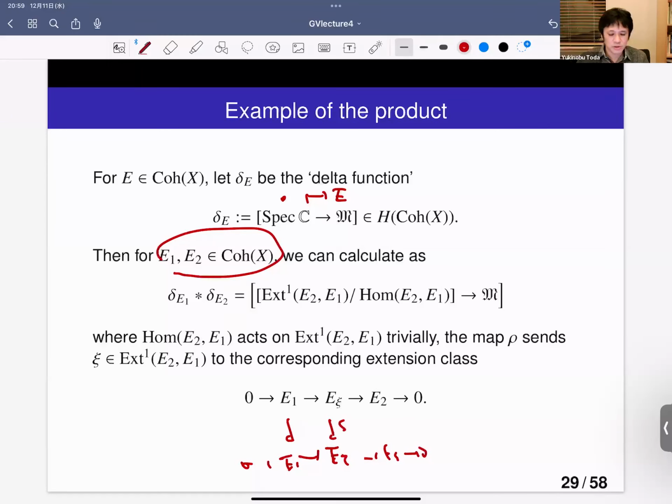Because I'm fixing the automorphisms of E1 and E2, I want to see the automorphism groups of this form. Such an automorphism group in fact comes from the map from here to here, so it is given by the sum of the identity map plus the map for this one. So this is how this product is described.